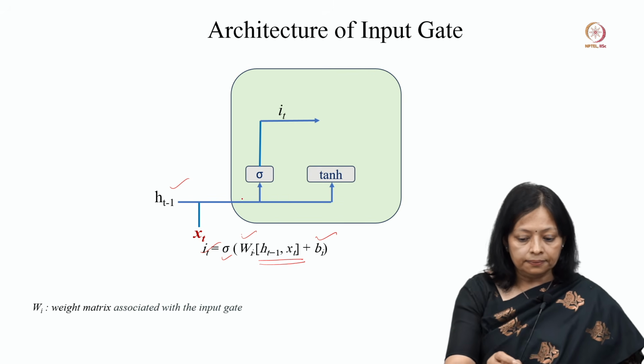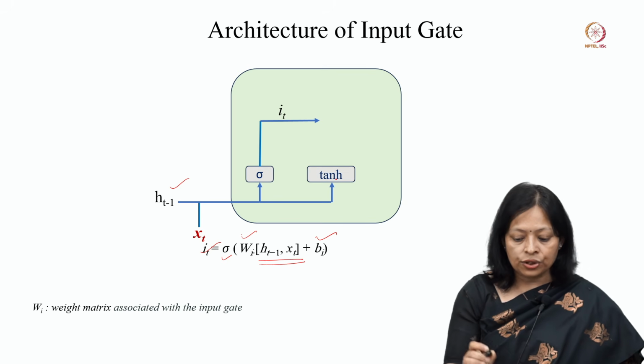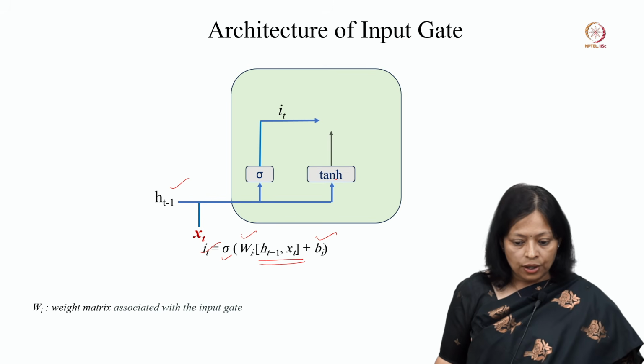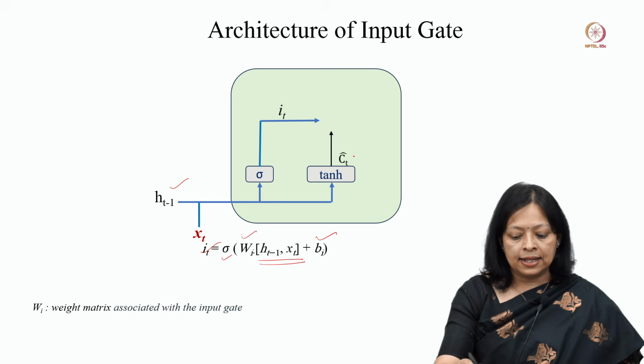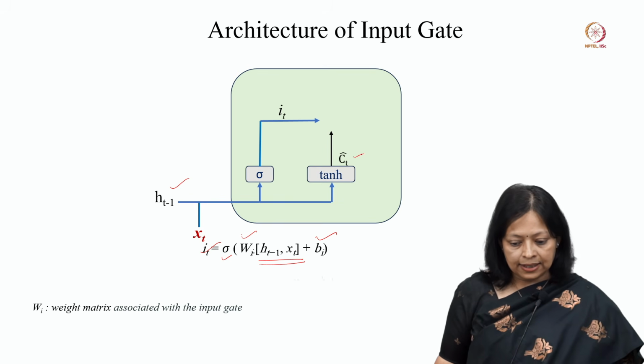Then we see that ht minus 1 and xt once again go through a tanh activation function. Whatever output we get here, we name it Ct hat. Now, what is this Ct hat?